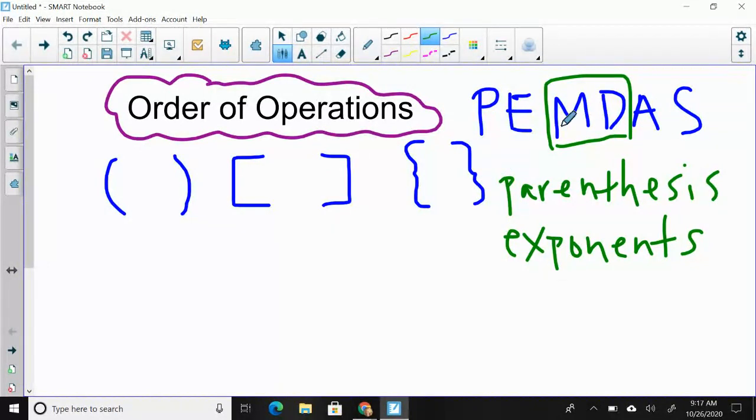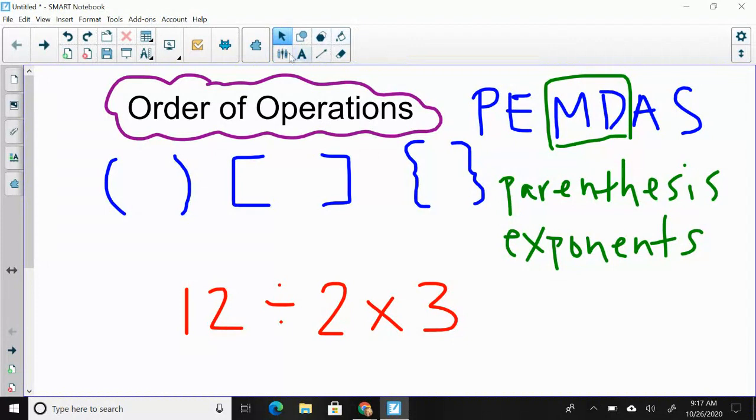For example, if I had 12 divided by 2 times 3, if my only operations are multiplication and division, because they're on the same level, they're equally important, then I do those operations in order from left to right.